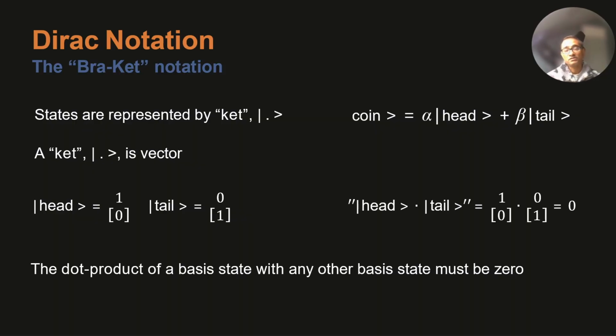As said before, the squares of the amplitude coefficients have to add up to 1, and the base states have to be orthogonal, which means if you take the product, or what we have learned in linear algebra as the dot product of the two base states, it has to give you an end result of 0.